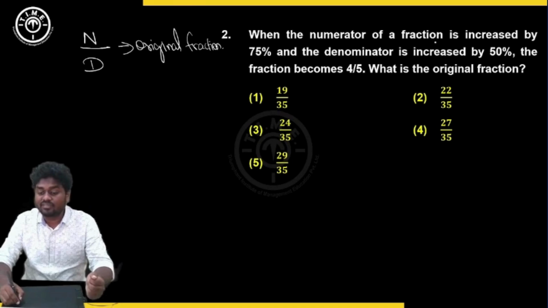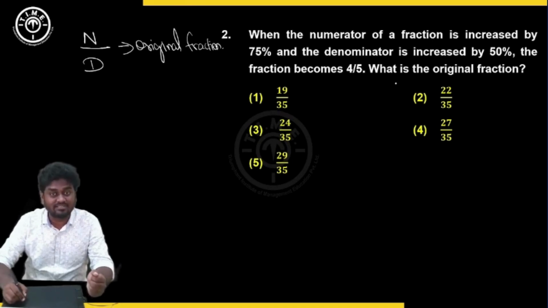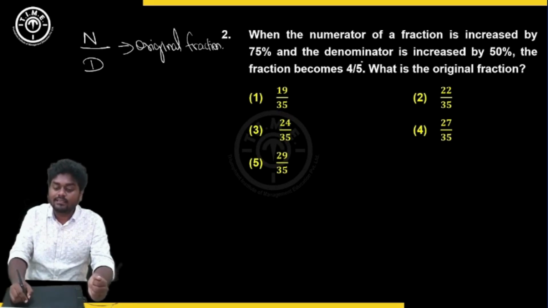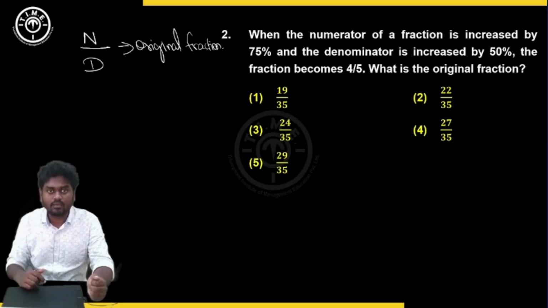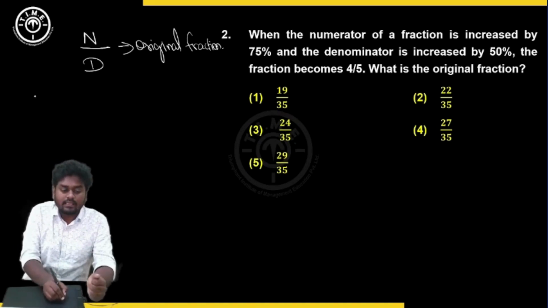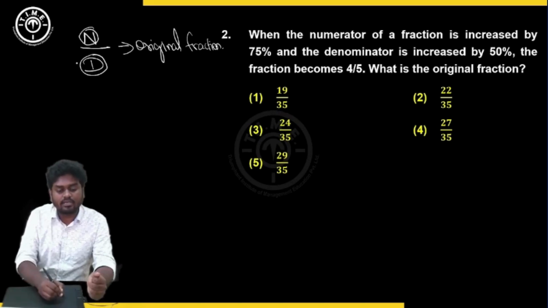The numerator of the fraction is increased by 75%, and then the denominator is increased by 50%. So this is the initial numerator, this is the initial denominator.